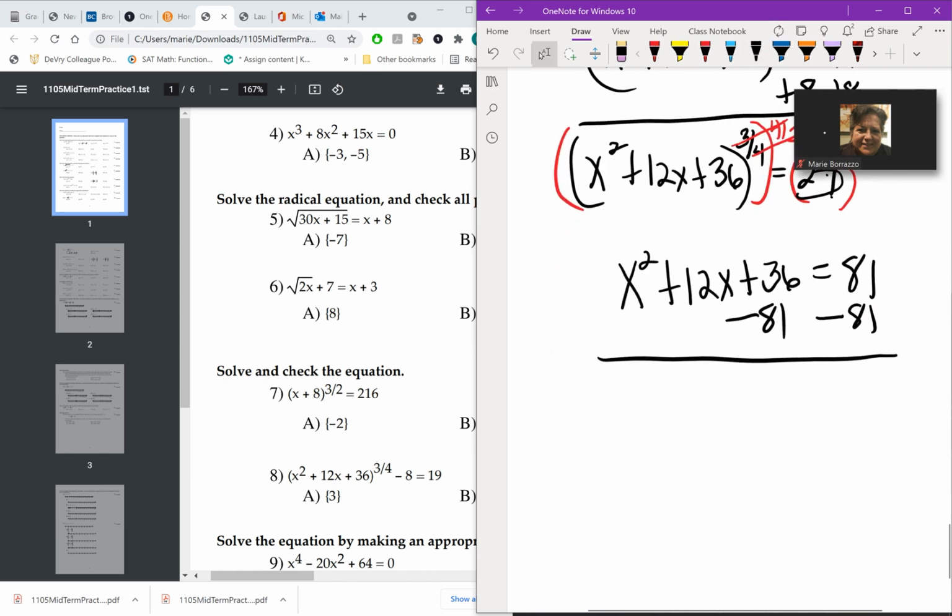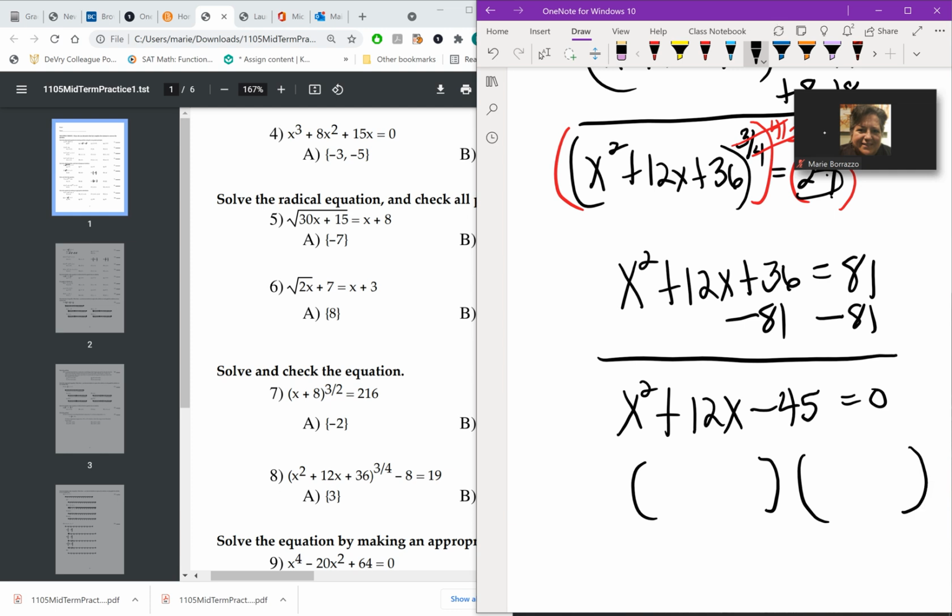Now I have x squared + 12x, and I have negative 45 left over here. That's obviously equal to 0. So now we need to do a little factoring here. Two numbers that multiply to give you negative 45, but add up to give you 12.